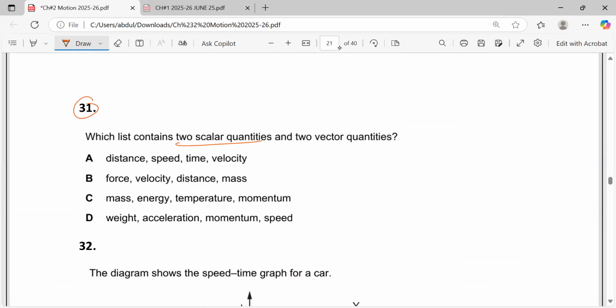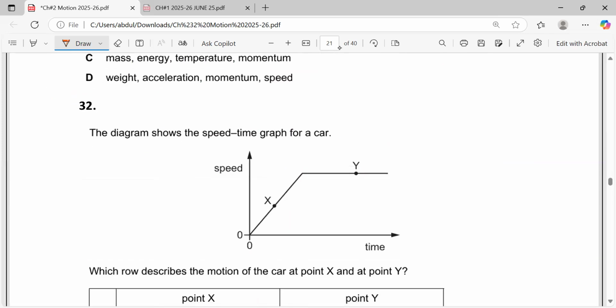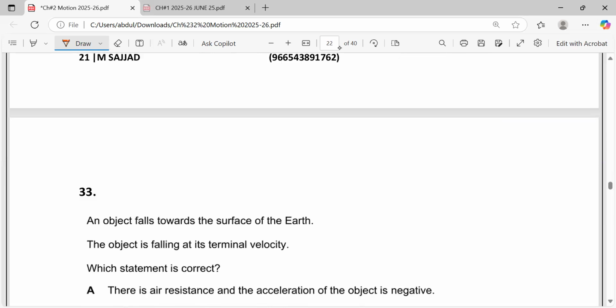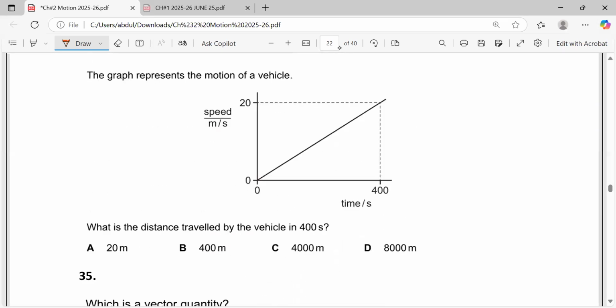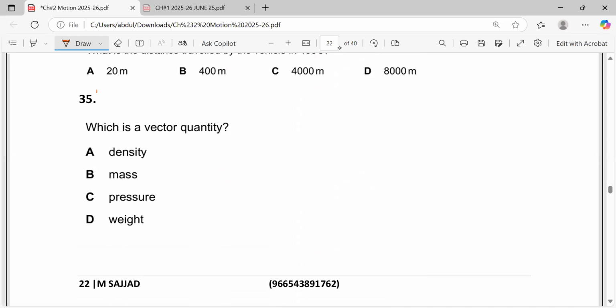Two scalar quantities, two vector quantities. Just Google it. If you don't remember, 28/6. So this is your homework. This we did not discuss yet. Not yet. Homework.